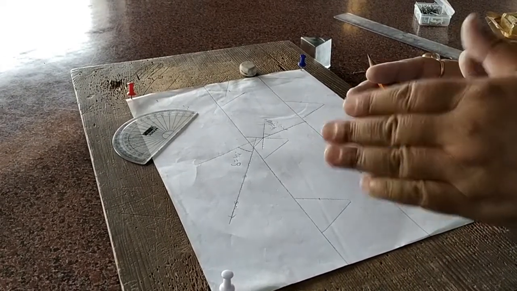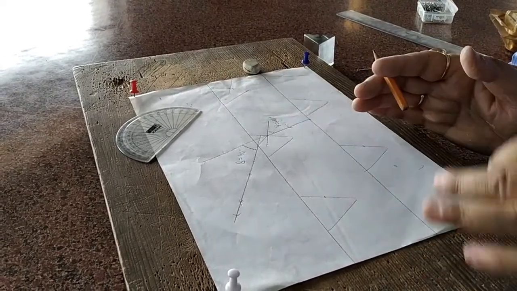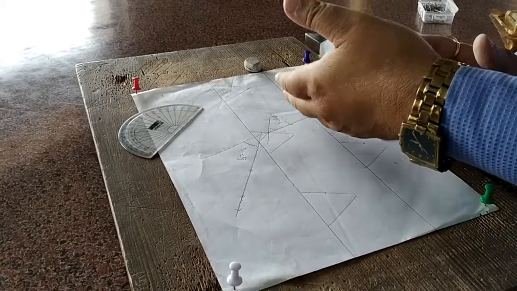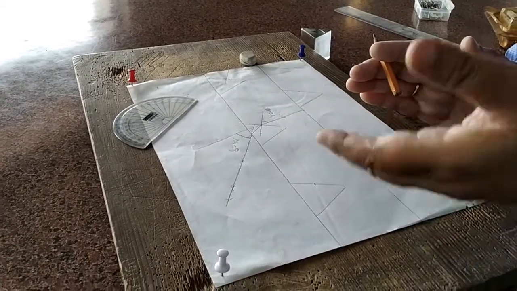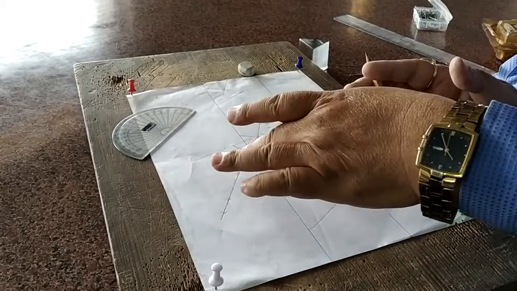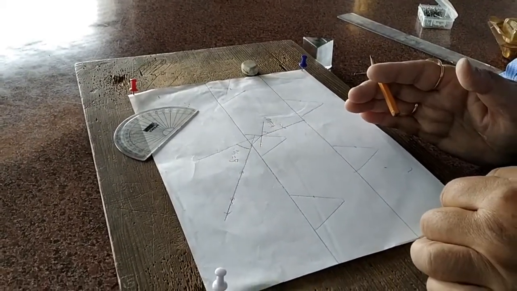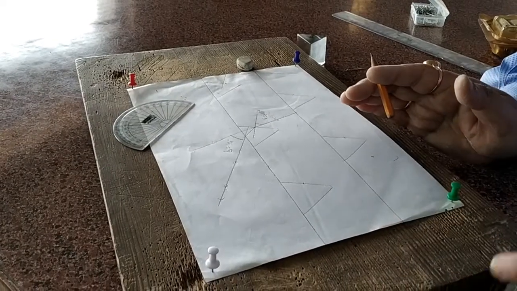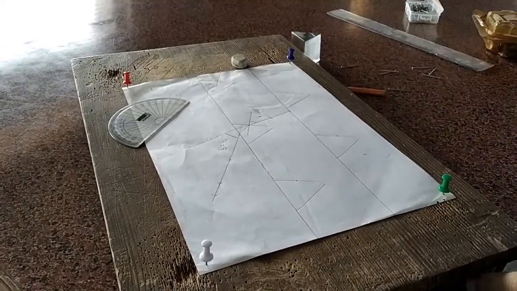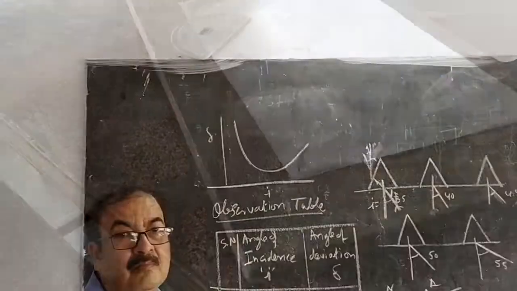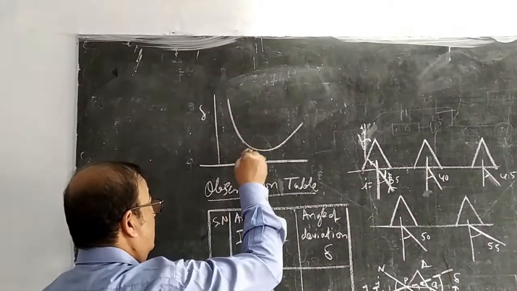We see that initially, taking values from 30 onwards, delta decreases, and after that delta will increase. For that I can show you exactly the graph. Now this is the actual i-delta graph.